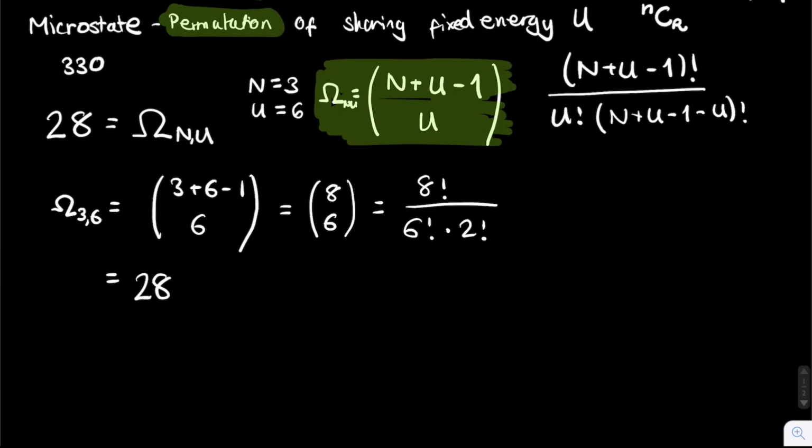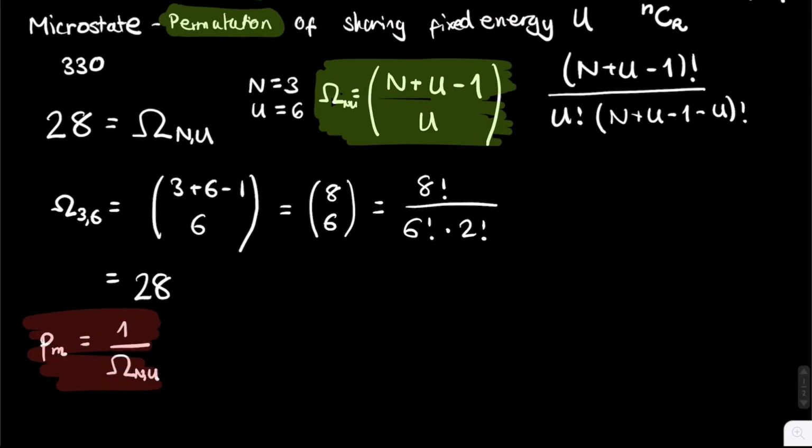So how are we going to write that? Well, we're going to write that as P, where P is the probability of a system being in a particular microstate, is equal to 1 over the number of microstates, 1 over omega, which seems fairly obvious.